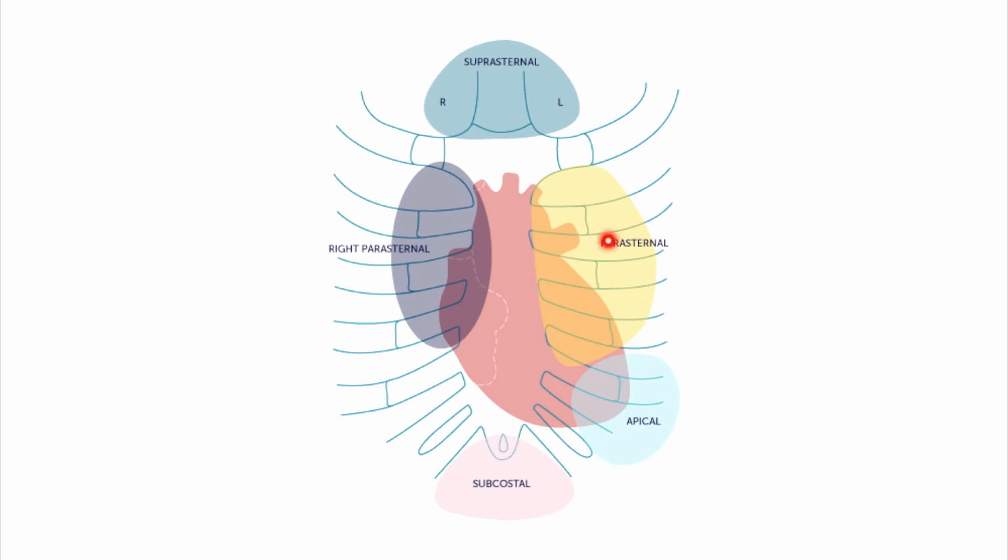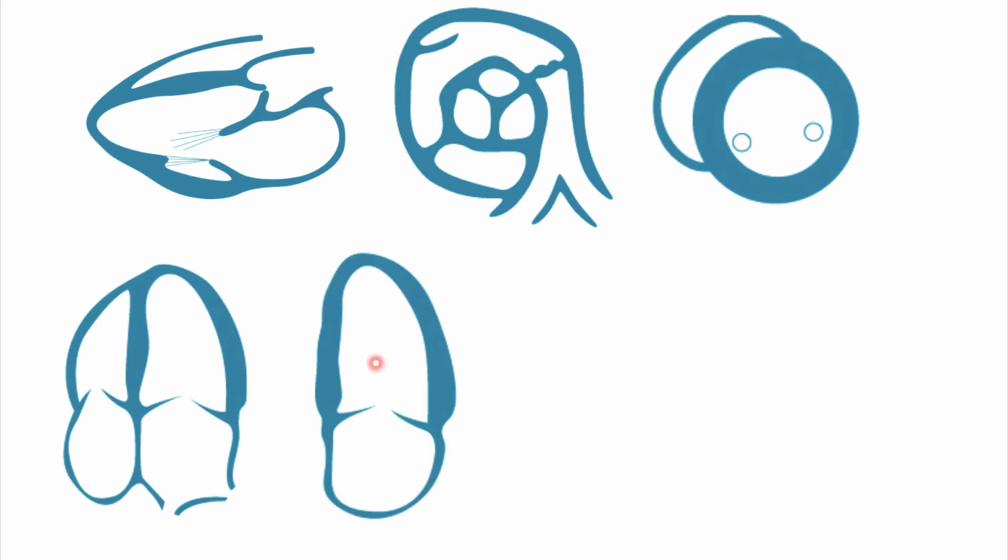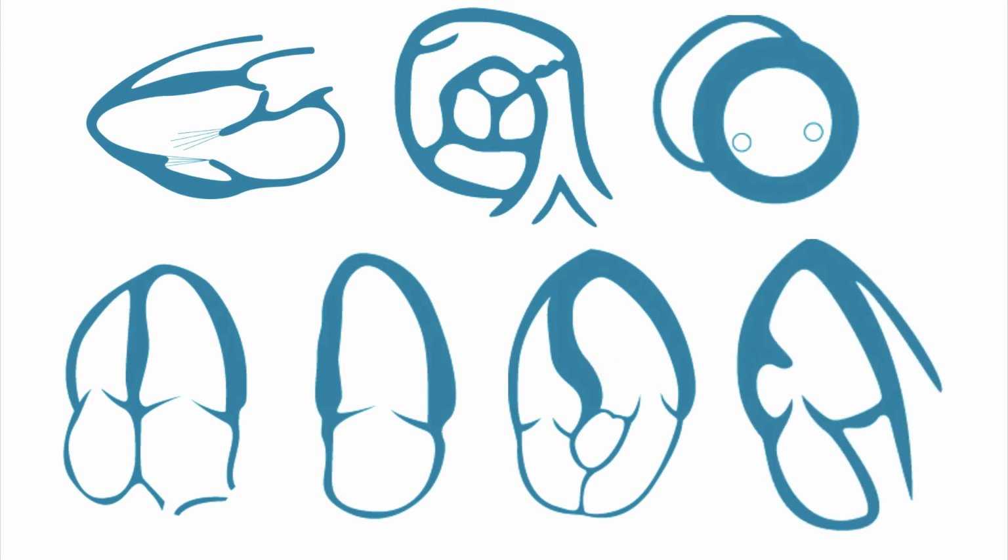Good. For a very short review, what did we learn? We saw three very important windows. First, the parasternal window, then the apical window, and now the subcostal window. We taught you these views: the parasternal long axis view, short axis view at the base, short axis view at the level of the ventricle, the 4-chamber view, the 2-chamber view, the 5-chamber view, and the apical long axis view.